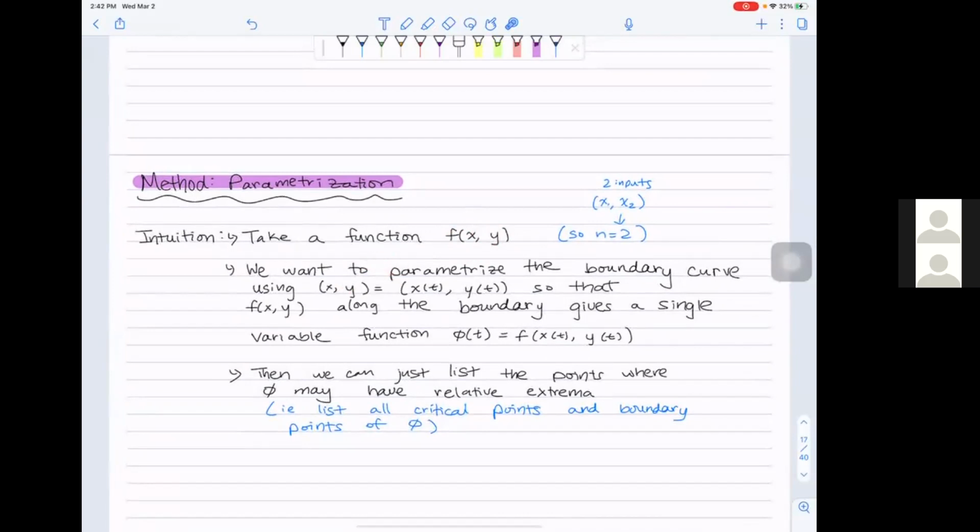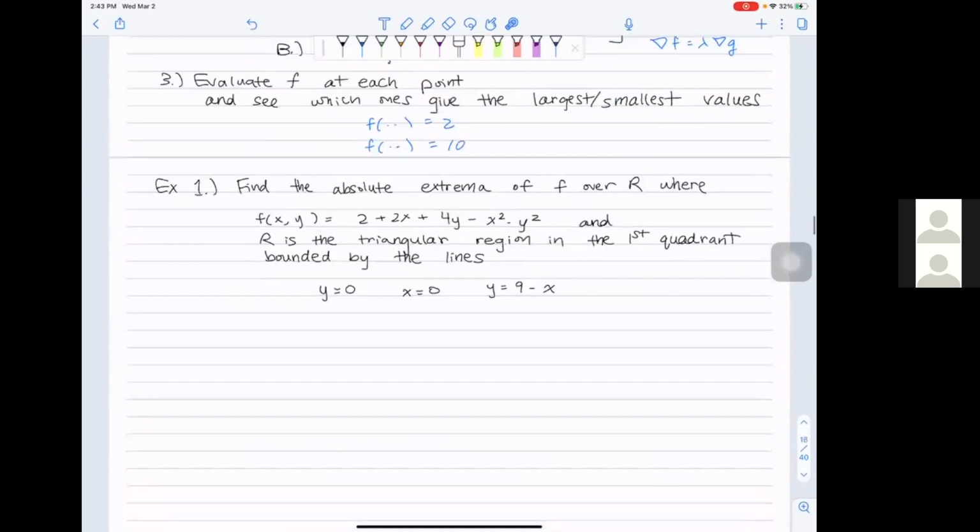The idea is that we're trying to parameterize whatever boundary we're given as x of t, y of t, so that our actual function will just be an equation in terms of 1 variable. And we know how to solve equations with 1 variable because that's math 104 stuff. So that's our idea. So let me do the example.